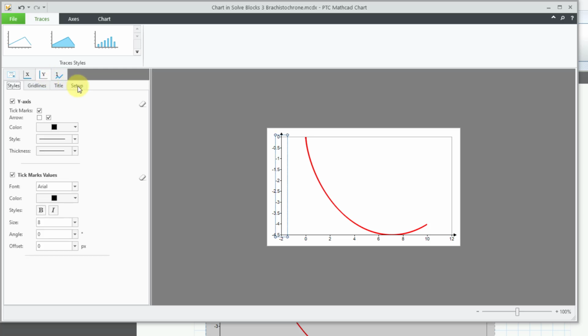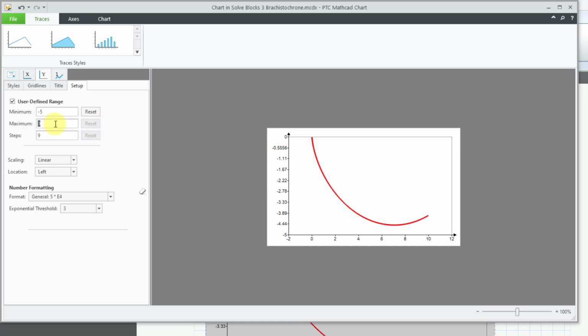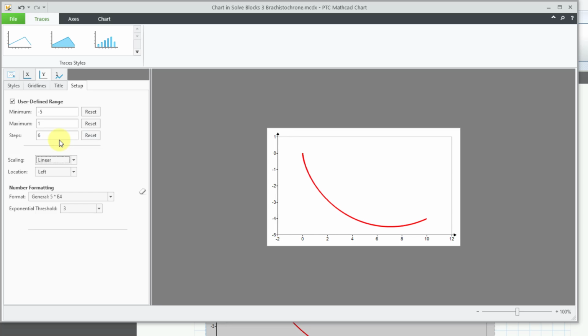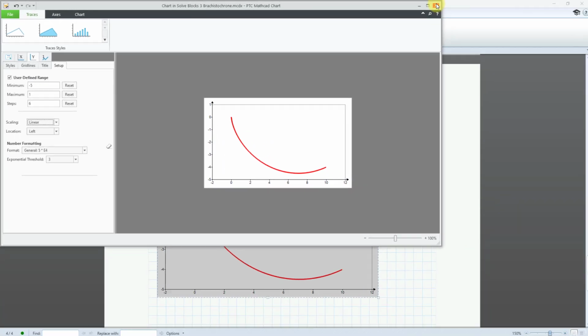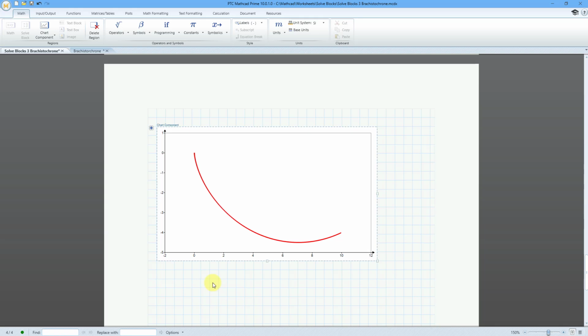Let's go to y and then setup and user-defined range, and let's go from -5 to a maximum value of 1, and we can do 6 steps. Nice even whole numbers, so that way we can see our graph. Let's close out of here, and so I can also collapse the inputs to the chart component. And so this is the path that would result in the shortest time.